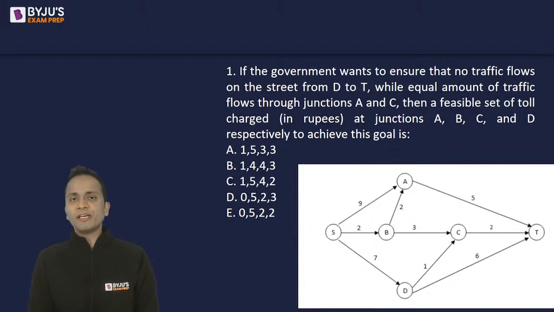Now read the question carefully, analyze the problem properly and then give me an answer. We'll be spending a good amount of time on each and every question so that you will understand each and every dynamic related to such questions.